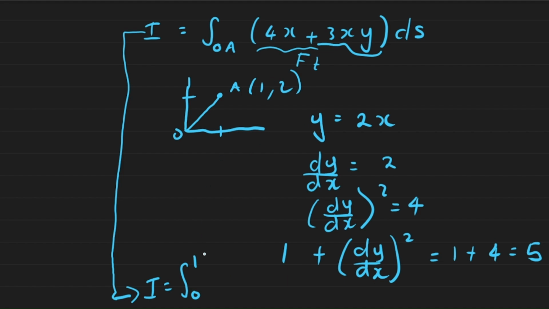And this function 4x plus 3y. So y is equal to 2x, so we have to substitute that in. So 3y just becomes 3 times 2x, so 3xy becomes 3 times x times 2x, which is equal to 6x squared.